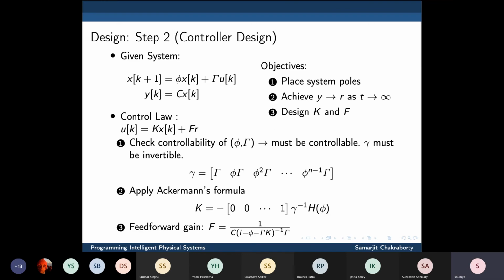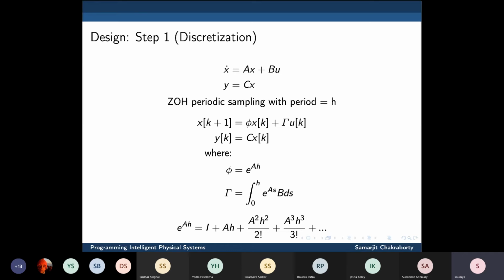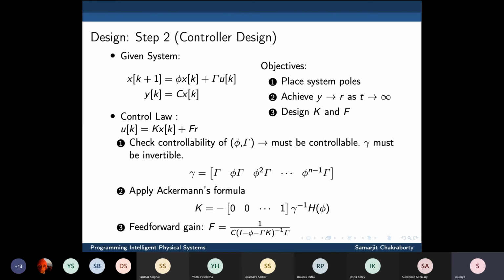So the rest of the things remain the same. What you do is you just do this transformation with a suitable choice of h. This transformation is going to give you this phi and gamma. Once you get this phi and gamma, you check the controllability, you apply Ackermann's formula and all that.